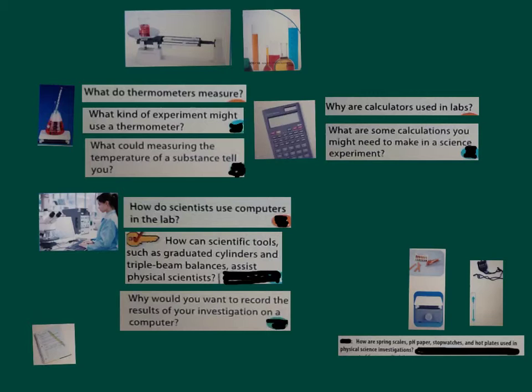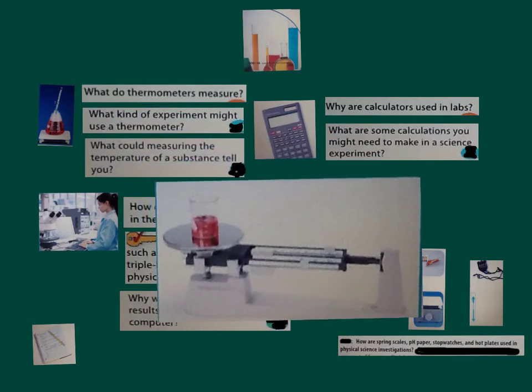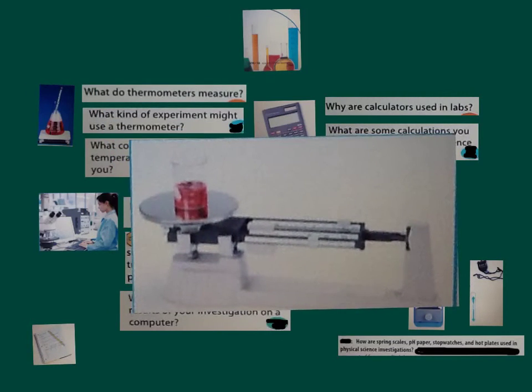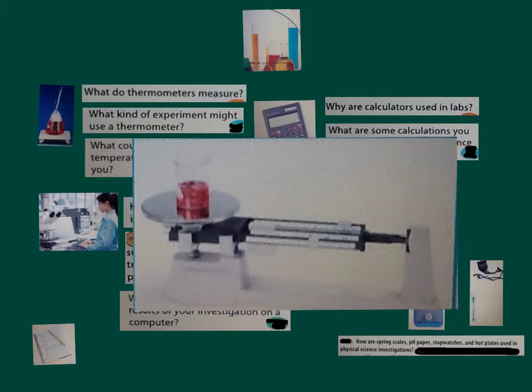Another one is balances. A balance is used to measure the mass of an object. Units often used for mass are kilogram, gram, milligrams, and a couple of others, but those three are the most common ones we use.